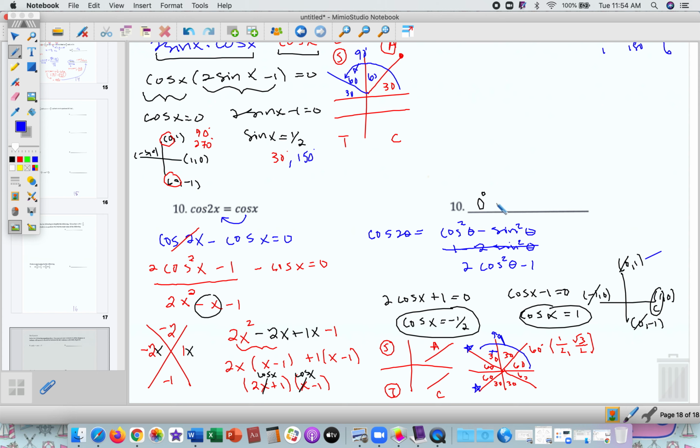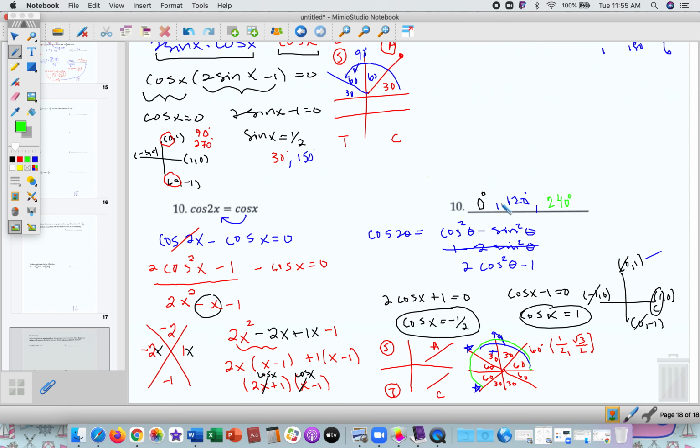So 90 plus 30 will get us 120 degrees. Then, if we're looking for this value in the third quadrant, we're going to spin 90, 180, 180 plus 60. So 180 plus 60, that little sliver is going to get us 240 degrees.